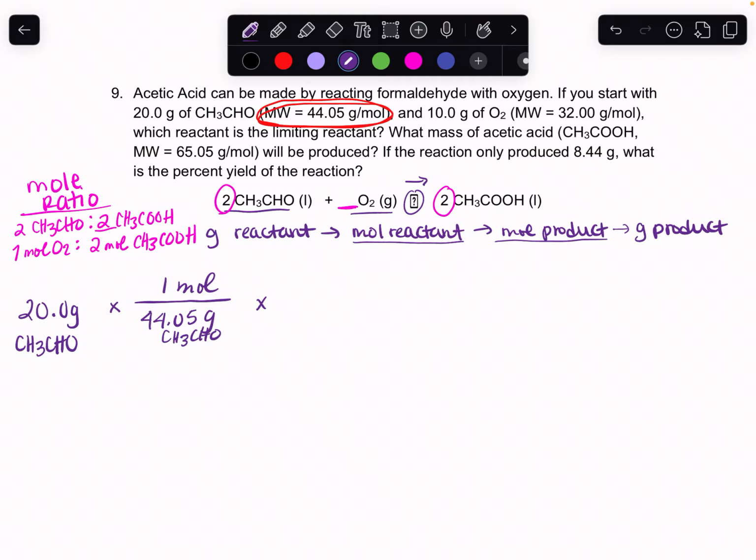And I'm going to use my mole ratio doing it. So, come over here. I'm going to put 1 mole CH3CHO so we can see what needs to go on the denominator here. I am going to need my reactant on the denominator, so 2 moles CH3CHO, 2 moles CH3COOH.